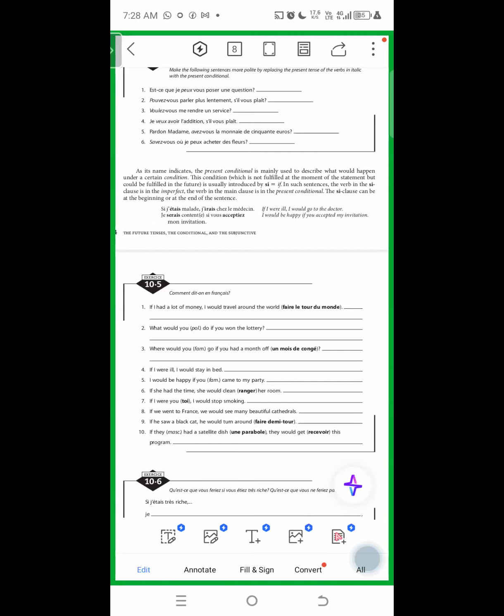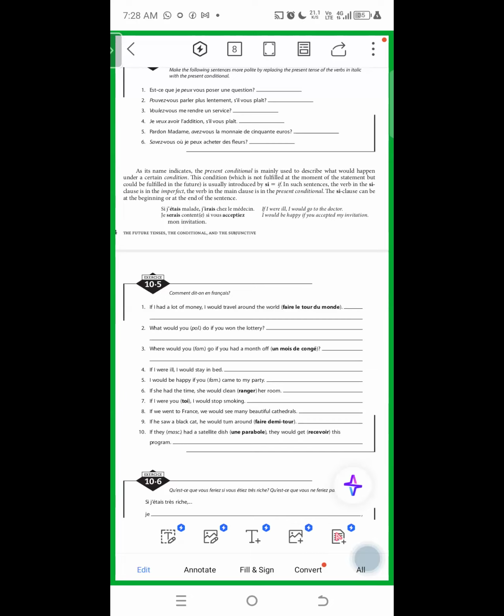Can you go over that again? Si plus imparfait. Let's start from si plus présent. Si j'ai de l'argent, je voyagerai. If I have money, I will travel. Future. Yes. Si plus présent plus future. Is that okay?